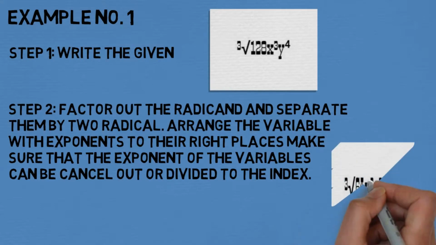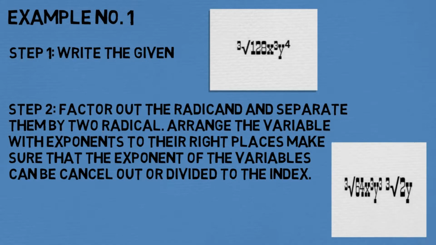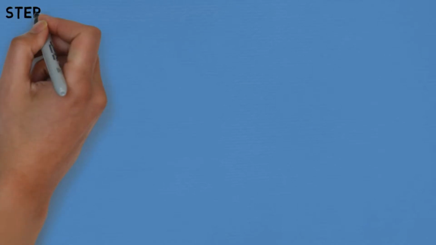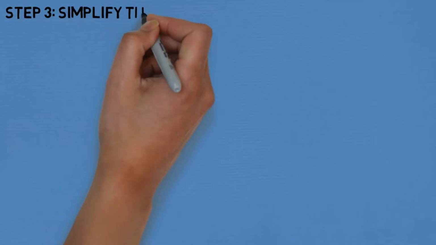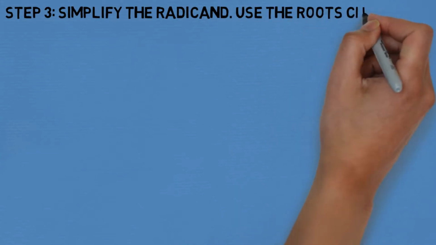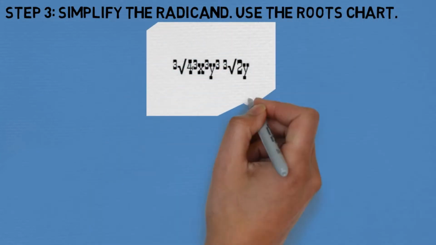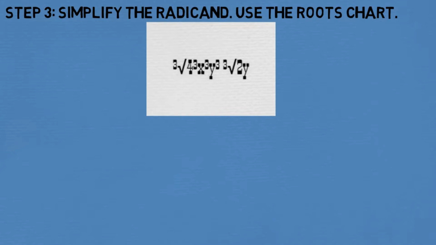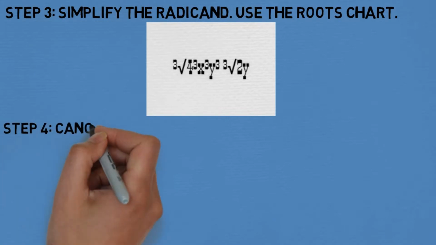The factors of the given radicand are 64 and 2. Since the index is 3, the exponent of the variable must be divisible or equal to the index. Put the excess exponent to the another radical. Step 3. Simplify the radicand. Use the roots chart. The radicand turns to 4 to the third power. Step 4.